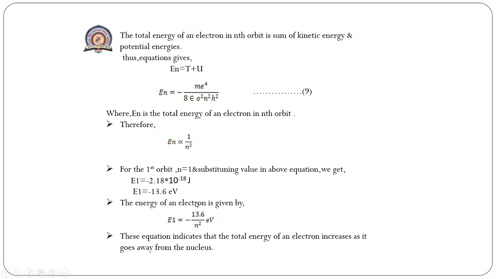The energy of an electron in the nth orbit is En is equal to minus 13.6 upon n square electron volt. We have to put the value of n is equal to 2 and we will get the value of E2. This equation indicates that the total energy of an electron increases as it goes away from the nucleus.